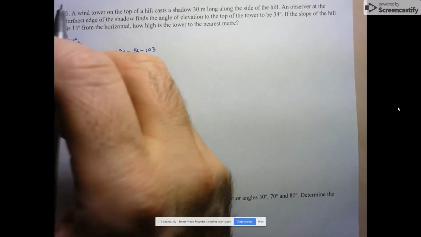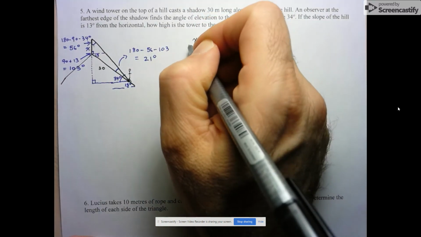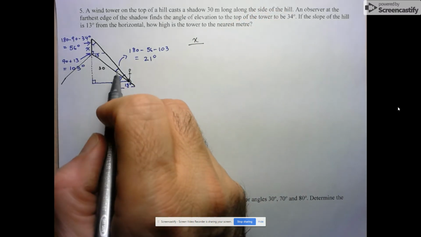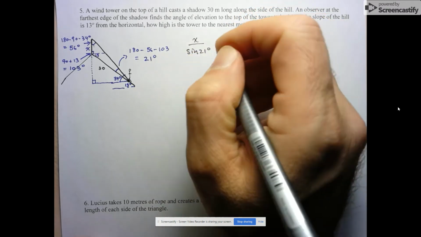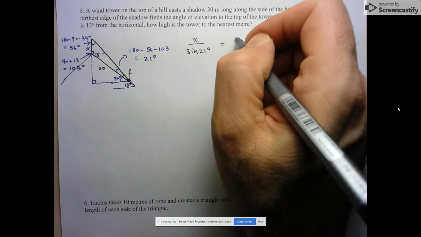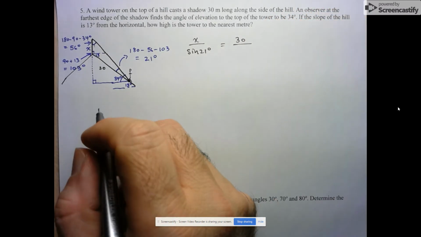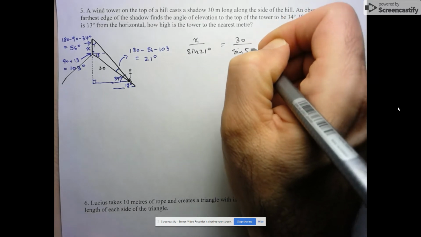All right, so I'm looking for this side length x. Okay, so I'll write it in the numerator. So x over the sine of its opposite angle, which is 21, equals, and now let's use the one that we know. So side length of 30 divided by the sine of its opposite angle, so sine of 56.